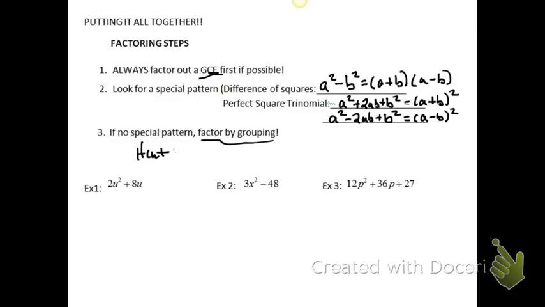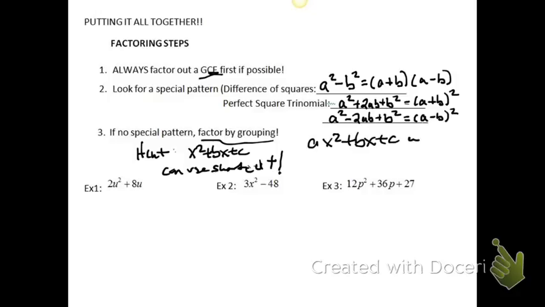If you have just that x squared plus bx plus c, you can use the shortcut. However, if you have ax squared plus bx plus c, where a does not equal 1, you should group for sure.